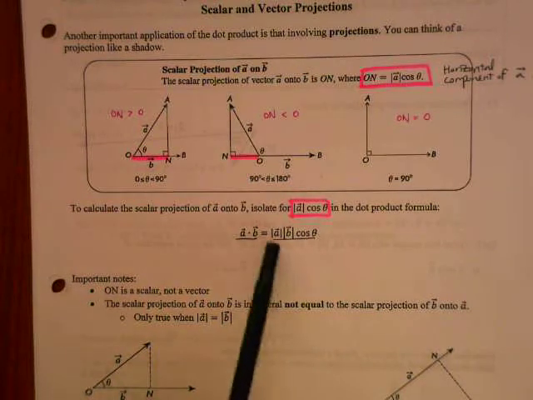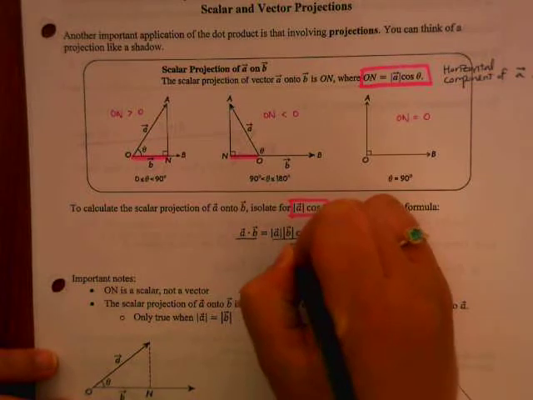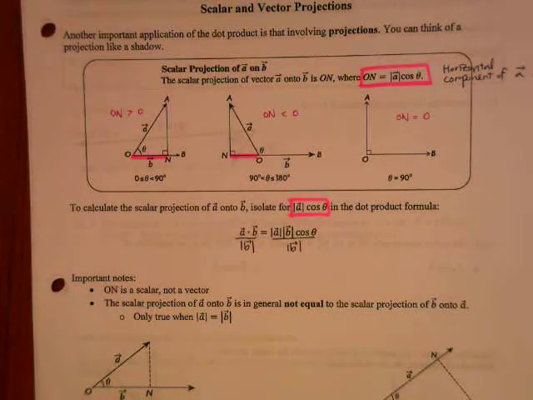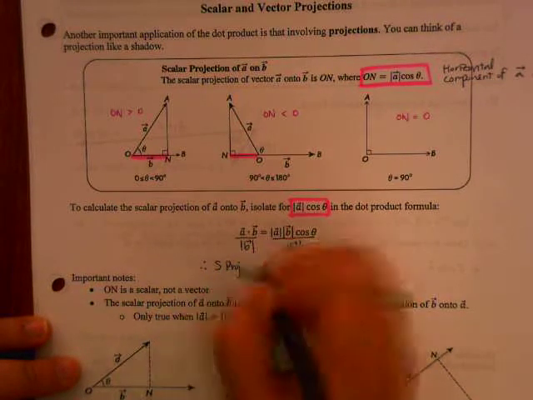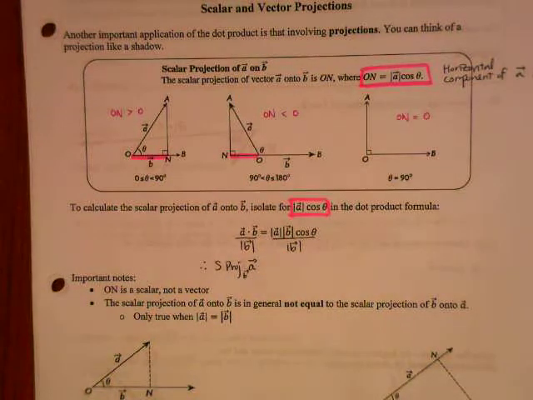Remember, we want to isolate for A cos theta. So just the magnitude of B. Okay, so we write scalar projection of A onto little b, like so. That's how we write it.